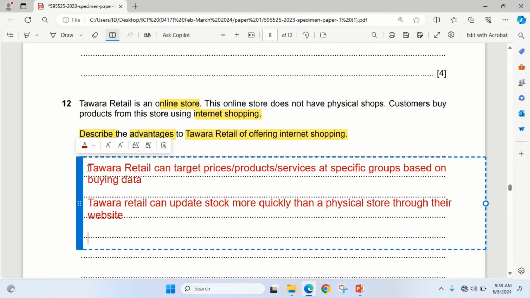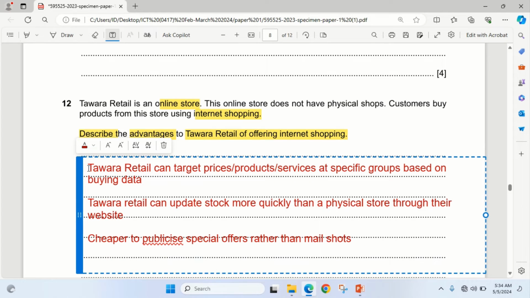Another advantage is that it is cheaper for Tawara Retail as a store to publicize special discounts or special offers rather than mail shots. Another thing is that they have wider international customer base.